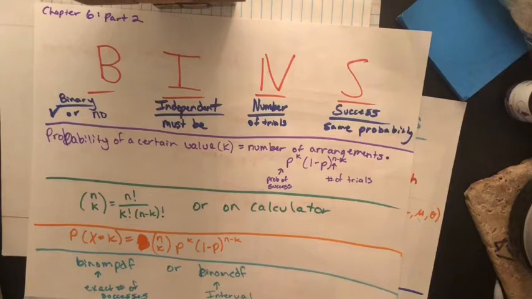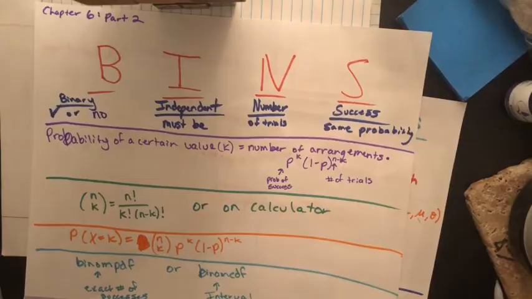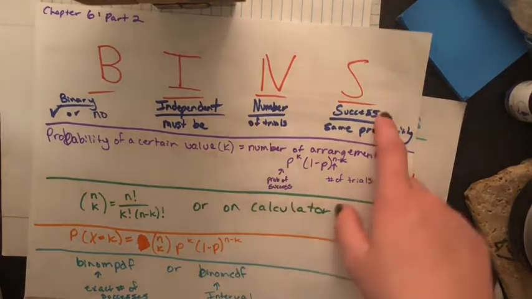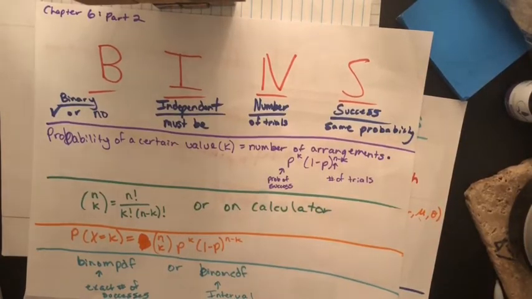It must be independent, and that means that results from one trial can't tell us anything about the results from the next trial. N stands for number, and that's just you have to have a fixed number of trials. S stands for success, and then it has to have the same probability of success on each trial.